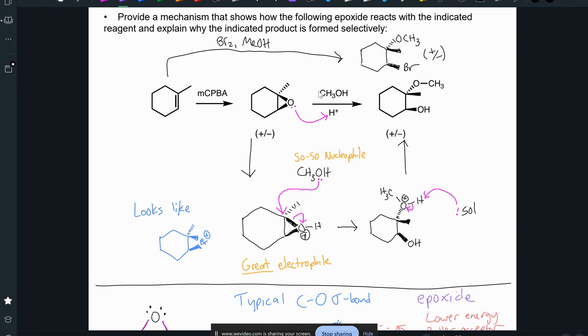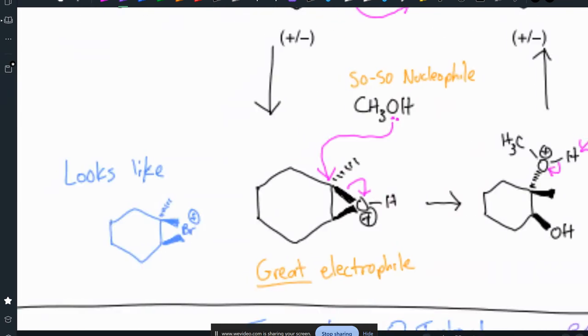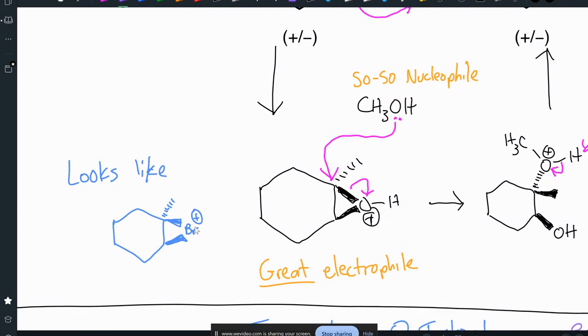So I have a great electrophile and I have a so-so nucleophile. In this case, I'm using methanol. You could use water or any alcohol as the nucleophile. Notice that my protonated epoxide looks a lot like a bromonium ion, which we've seen before, and we're familiar with how the bromonium ion reacts. So, because of that similarity, we're going to expect similar reactivity.